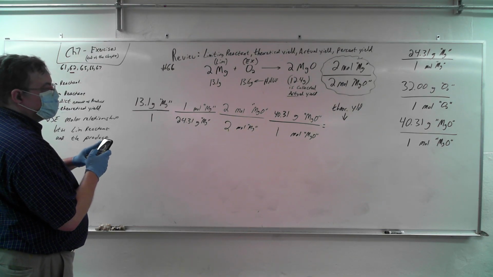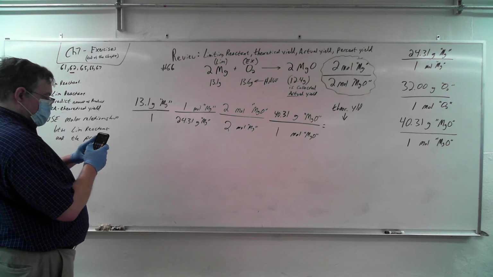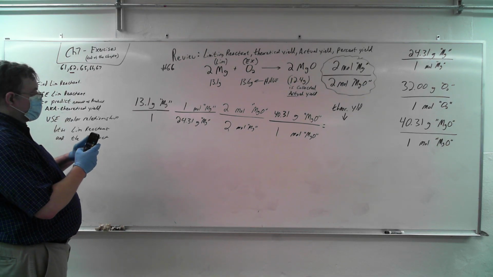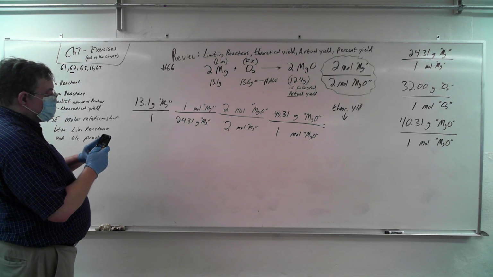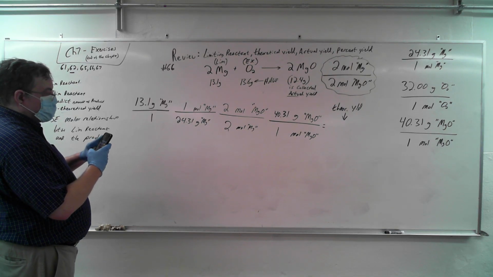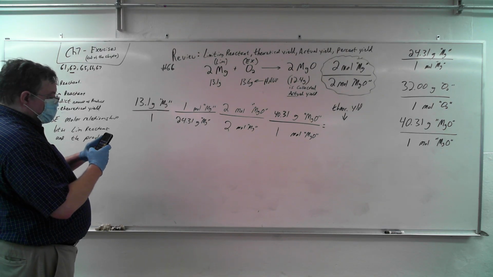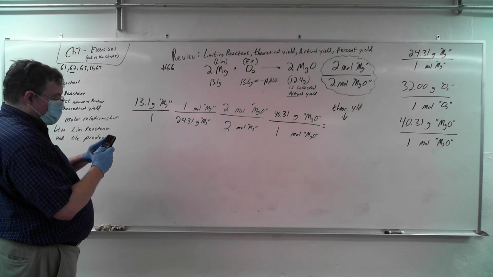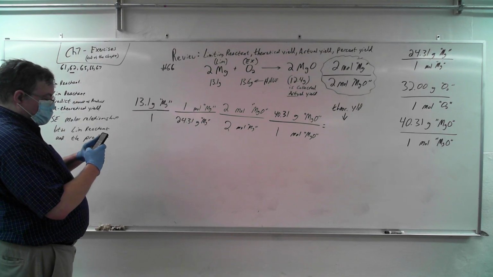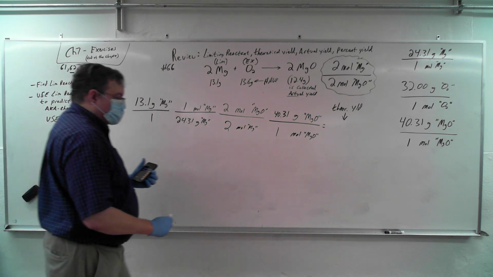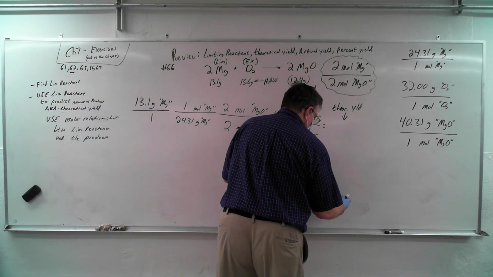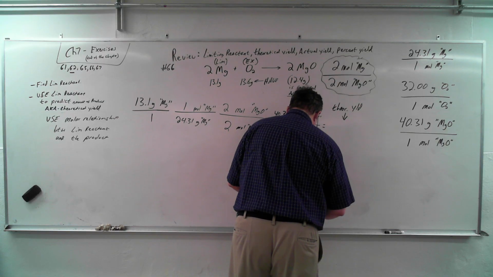40.31 divided by 24.31 divided by 2. No, it hasn't done something wrong there. We'll try to do 13.1 times 2 times 40.31 divided by 24.31 divided by 2. Good. Yeah, I had 200 and something. Cool.